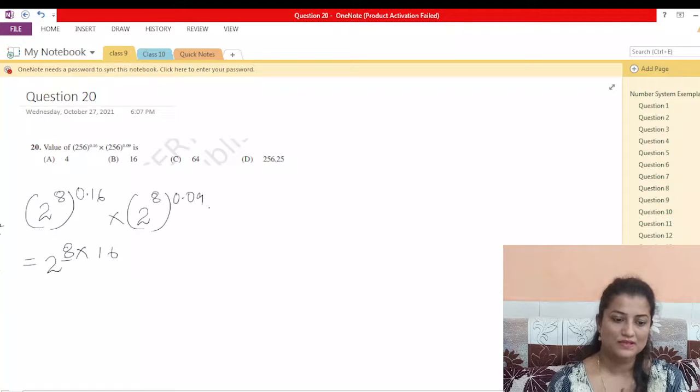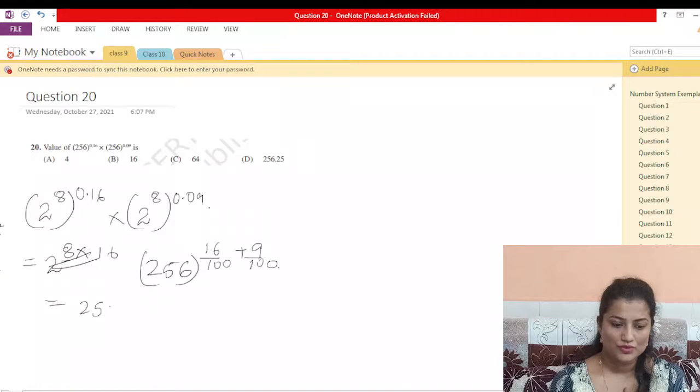Okay, so the base you can take as 2 raised to 8, or simply you can write it as 256. Never mind, we will solve later. 256 as the base and both the powers will be added. So it will be 16 by 100 plus 9 by 100, right?